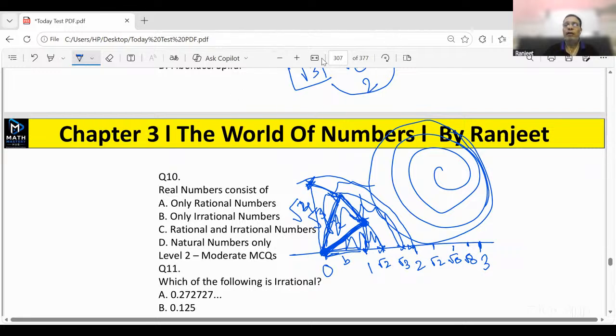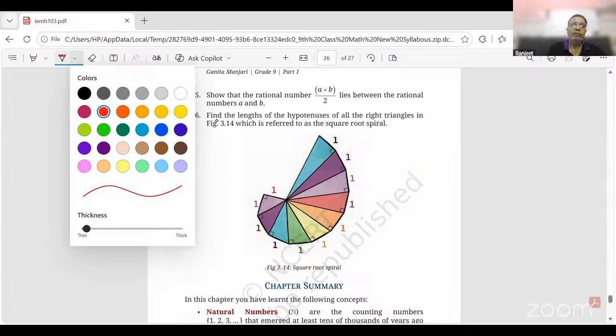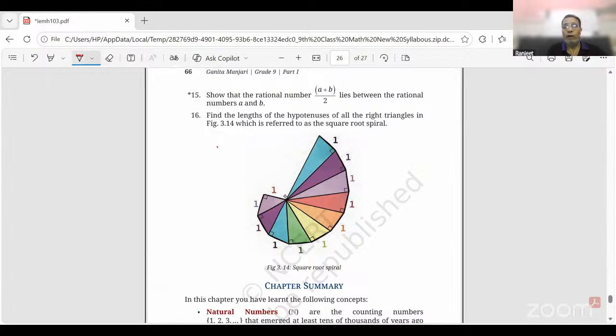Look here. I have taken something different. 1 and 1, and it's a right angle triangle. Then it is an isosceles right angle triangle, and it becomes root 2. Is it clear?